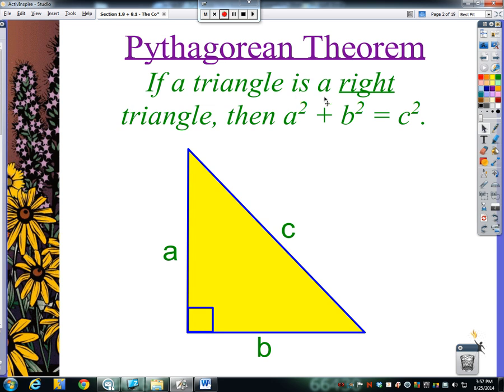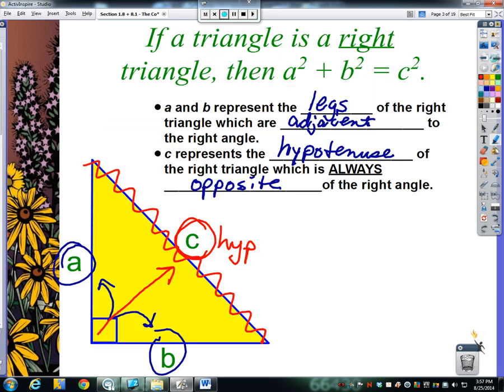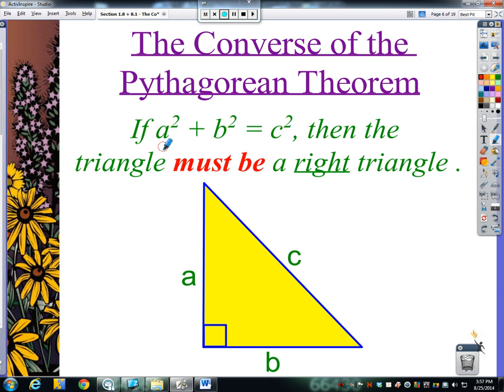We're going to take the a squared plus b squared equals c squared part and the if a triangle is a right triangle part, and we're going to switch them. The if and the then parts technically stay. So the converse says that if a squared plus b squared equals c squared, if that is in fact a true statement, then the triangle really must be a right triangle. So the Pythagorean theorem technically works forwards and backwards.